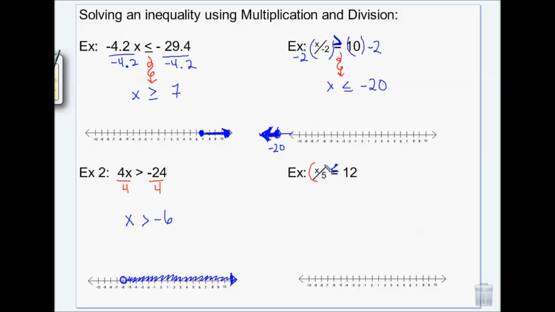And here I'm multiplying by a +5, so I'm not flipping, and I'm going to get x is less than or equal to 60. Again, I don't have a 60, so I'm going to extend that, and I'm just going to put 60. And it's a solid dot because it's less than or equal to, and everything to this side gets shaded.